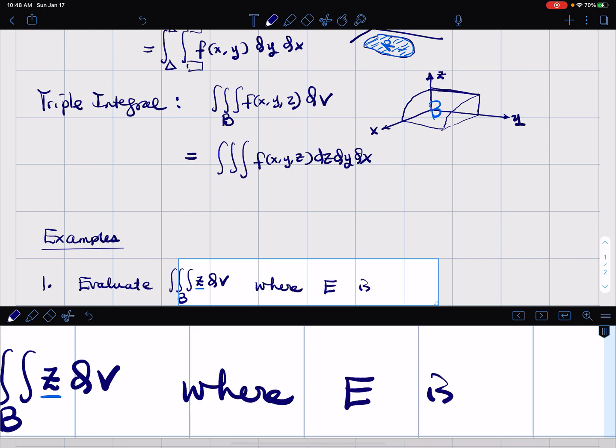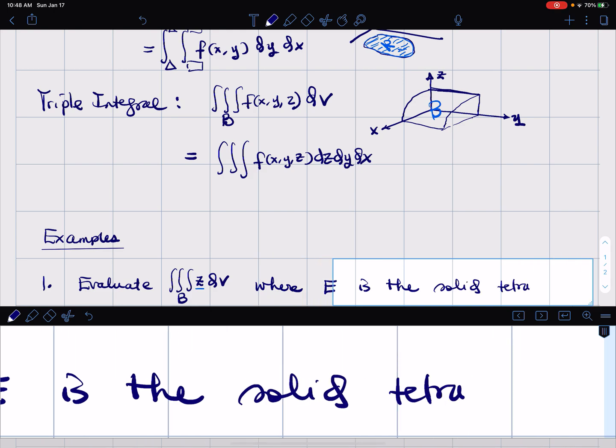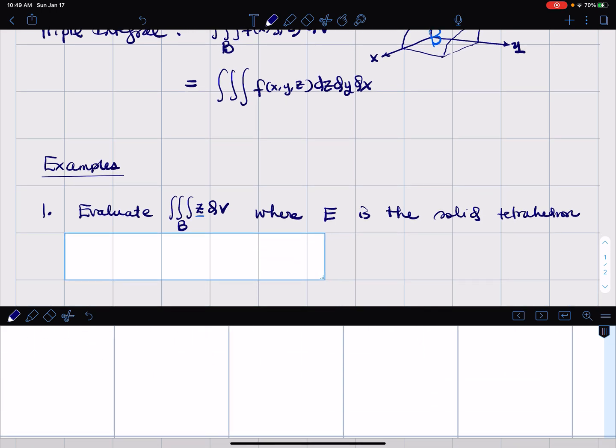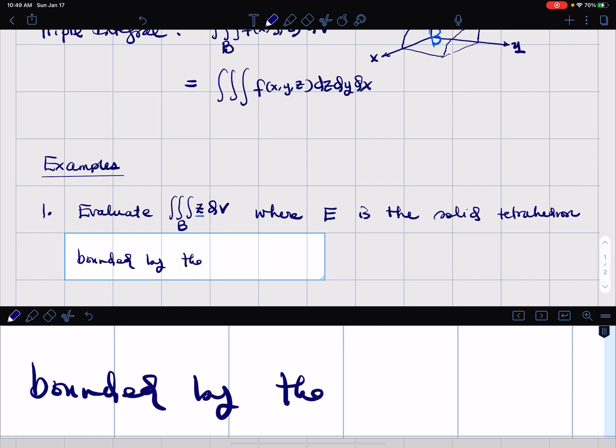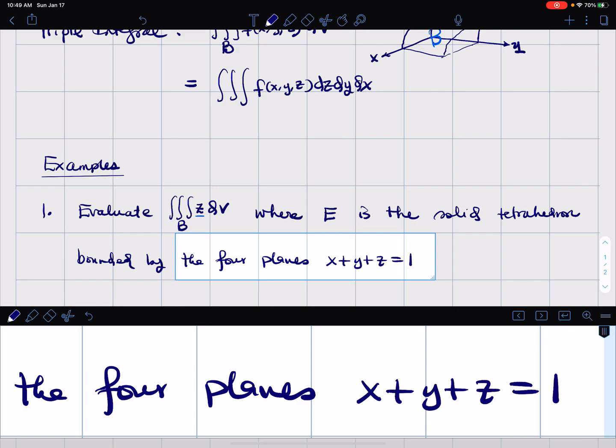Where E is the solid tetrahedron. So our region of integration is a solid tetrahedron bounded by the four planes, including x plus y plus z equals 1.